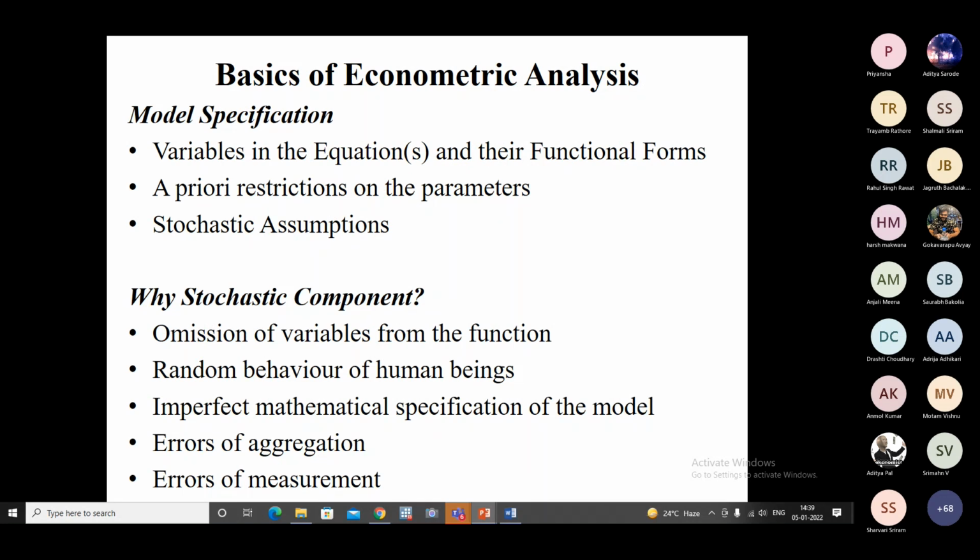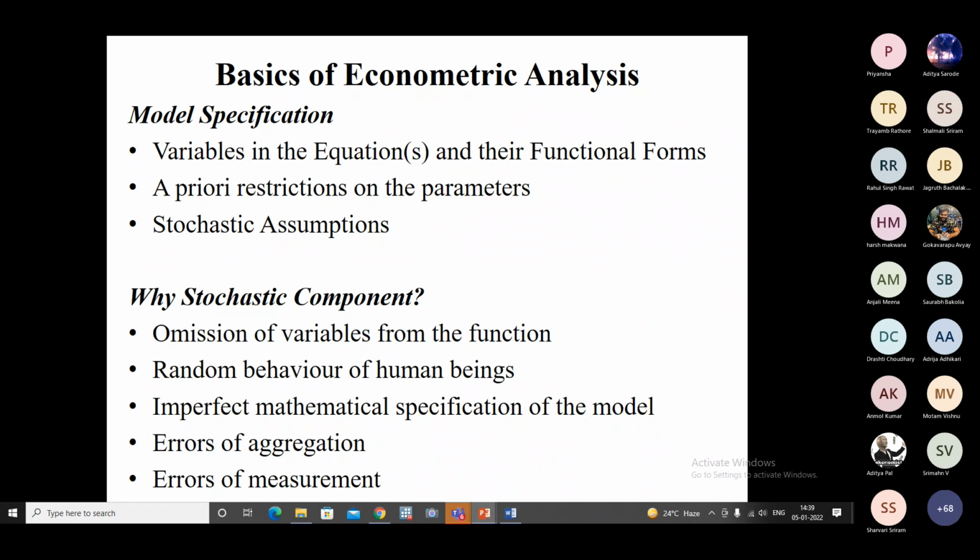Now, yesterday I talked about the random disturbance term. Now, as I discussed, the random disturbance term, the stochastic component is added into a model for various reasons. Like I might have missed out some variables.